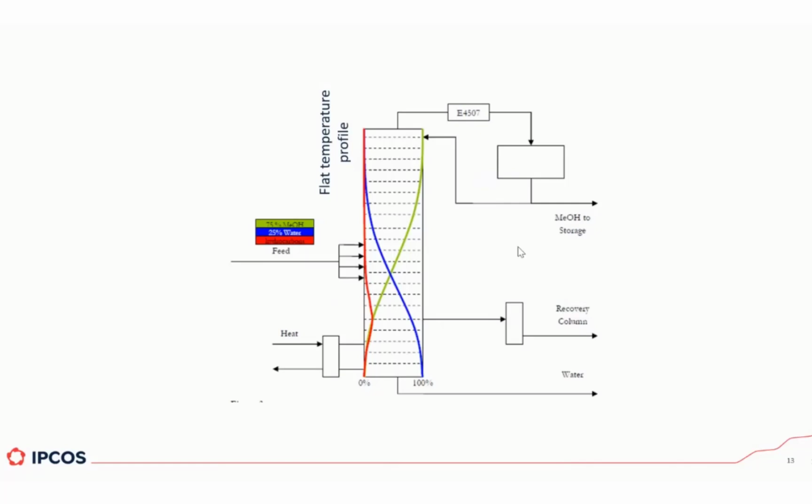But here, what's important to point out is the fact that we have a very flat temperature profile. So if you want to meet a specification of 10 ppm in the top, I think you can already imagine that you have to forget about the idea of finding a sensitive tray in the top of the column that you could use as an indication of your purity.